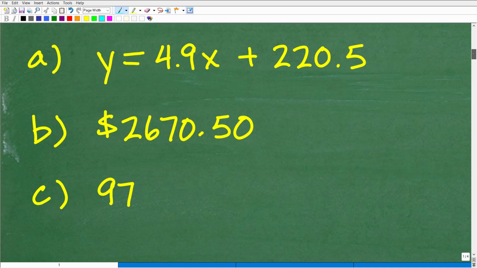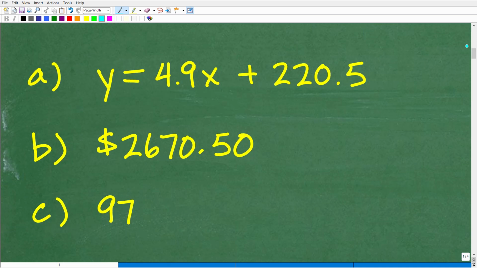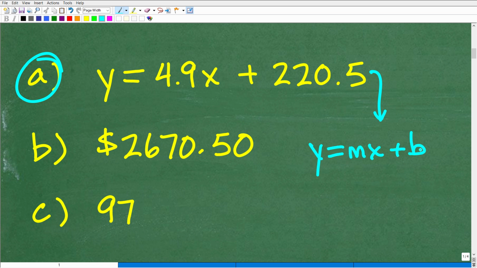So here are the answers. So A is our linear model, and I'm using the variables y and x. And when we talk about linear, right, we're talking about a line. So you want to be thinking about y equals mx plus b. This is probably the most common way for sure to construct linear models, right?